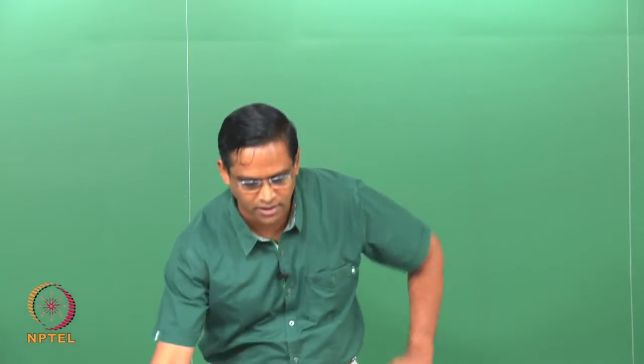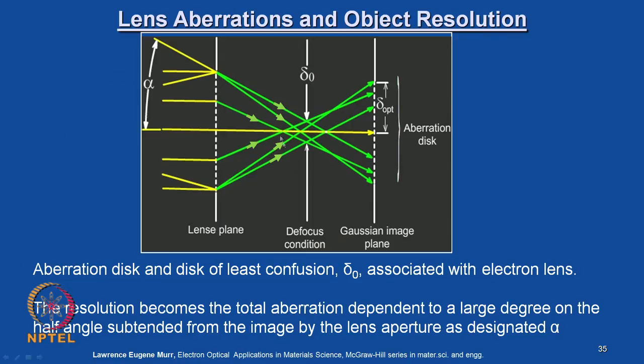You can consider this a general schematic where the distance delta naught is the defocusing condition, and this is also considered as the disk of least confusion.